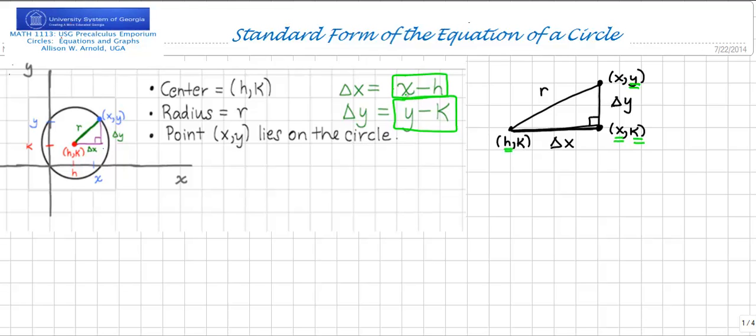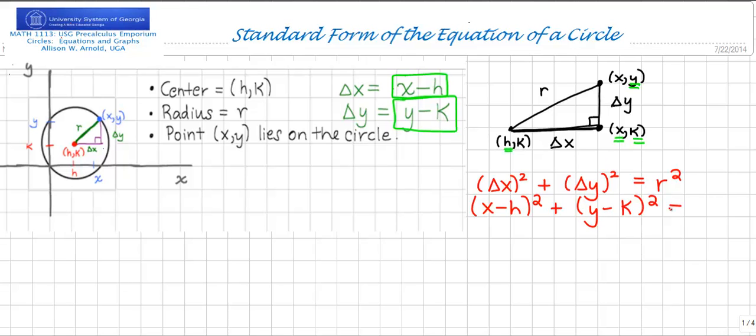Okay, and it's a nice Pythagorean theorem application because we have basically the leg squared plus the leg squared equals the hypotenuse squared, or the change in x squared plus the change in y squared is the square of the radius, which would then lead us to x minus the x coordinate of the center quantity squared plus y minus the y coordinate of the center quantity squared is the square of the radius of the circle.